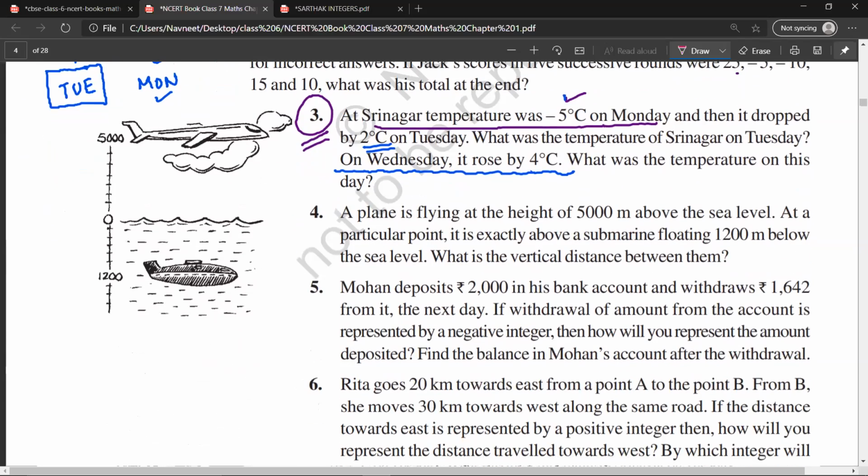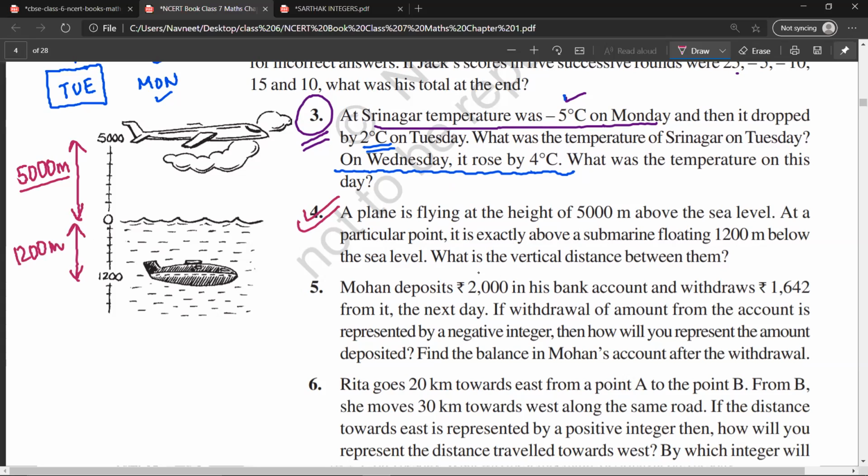Okay. Let us do this question. A plane is flying at a height of 5,000 meters above sea level. At a particular point, it is exactly above a submarine floating 1,200 meters below the sea level. So this submarine, Mr. Sarthak, is 1,200 meters down.